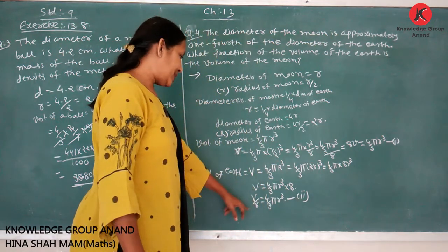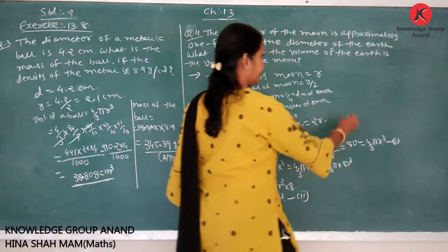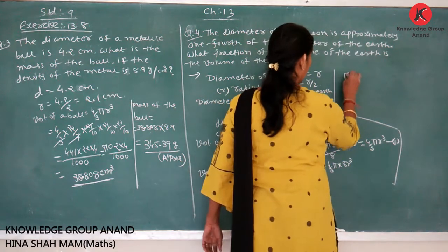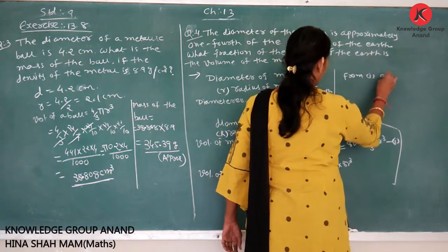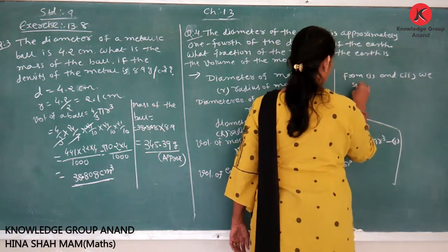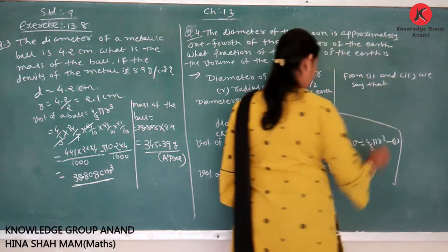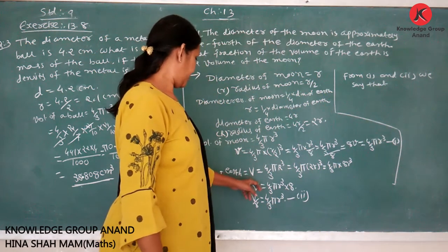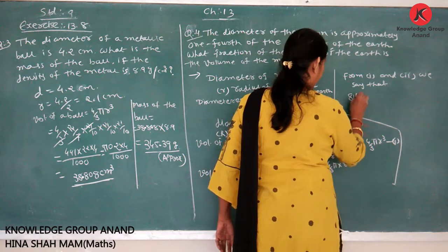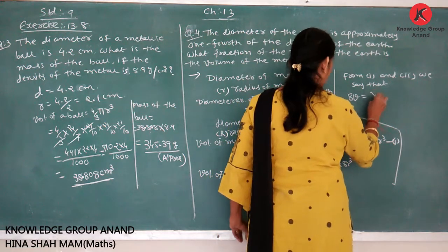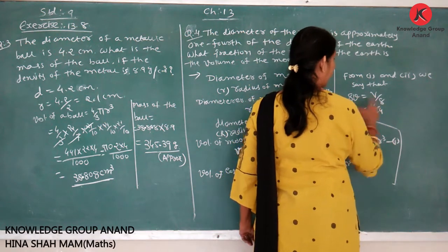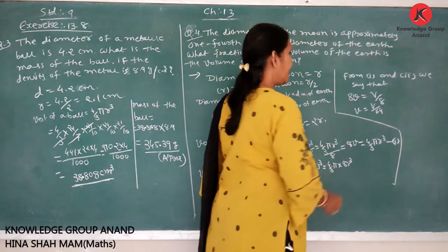From 1 and 2 we say that 8V is equal to V upon 8. Capital V is equal to V upon 64.